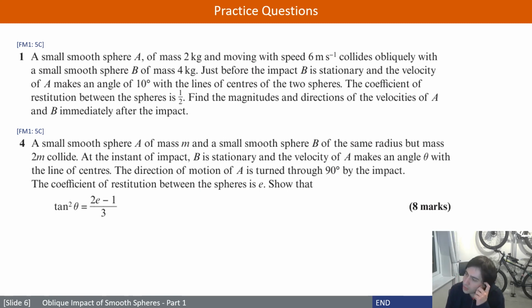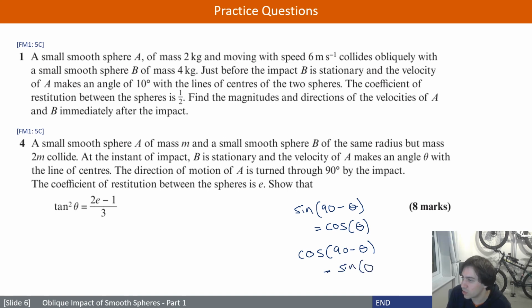Also, perhaps just a small hint for 4, don't forget that you've got a few basic identities such as sine of 90 minus theta equals cos of theta, and likewise cos of 90 minus theta equals sine of theta. Things we should know, but that we might sometimes forget. I think you may need to make use of that in 4.